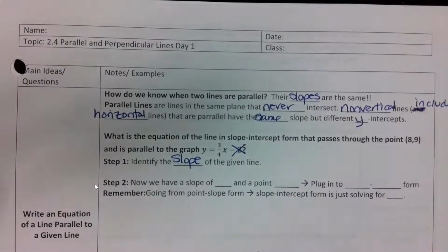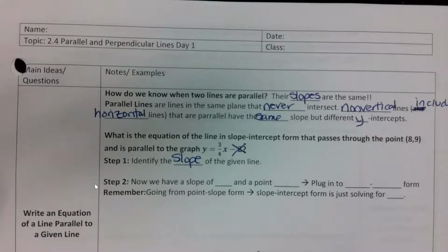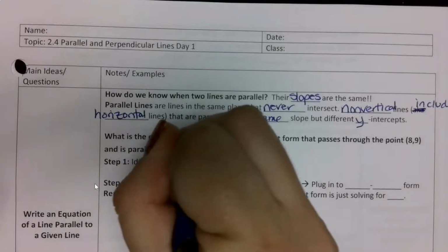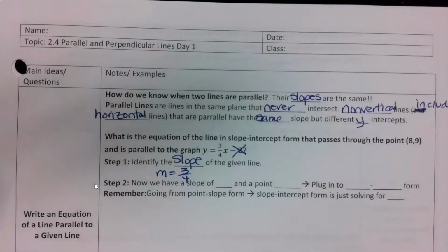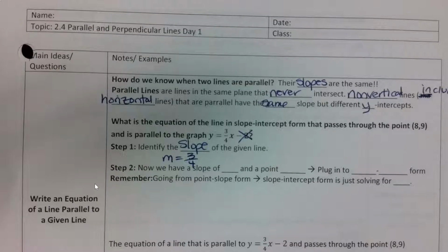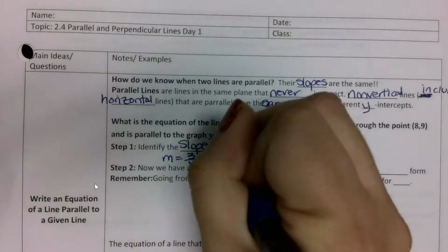So what is my slope here? 3/4. Okay, so we have a slope of 3/4.